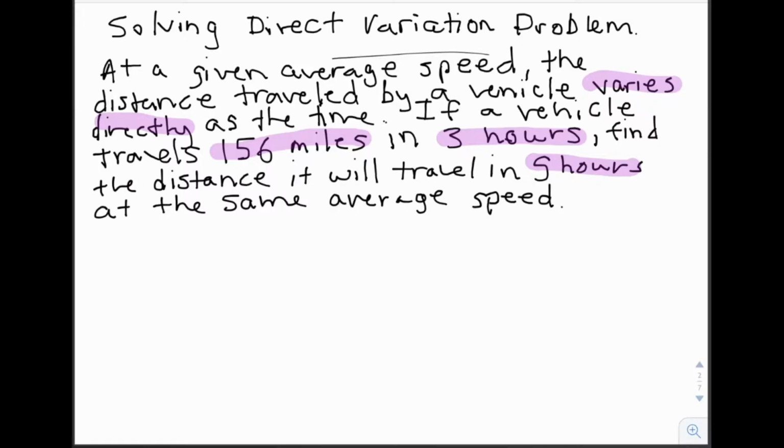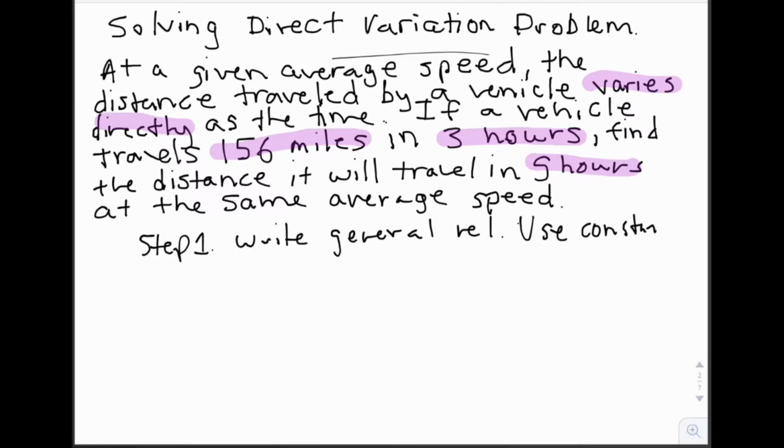So let's look at our different steps here. Step number 1 says to write the general relationship among our variables and use constant k. So step 1, we're going to write our general relationship, and additionally we want to use our constant k. Okay, so let's set this up.